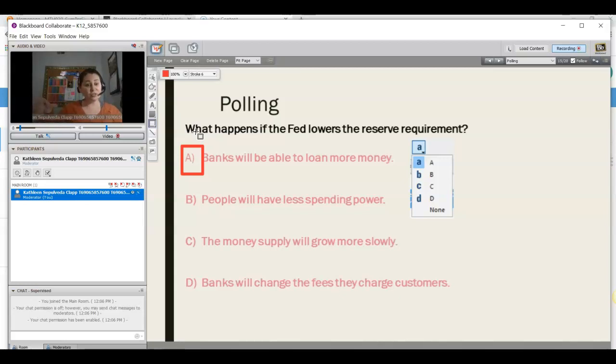So if the interest rates are low from the Feds and the bank turns around and wants to earn an interest rate, then ultimately it will be lower than what it would be if the Feds had a higher interest rate. So again, more spending power here. So A would be the best answer.